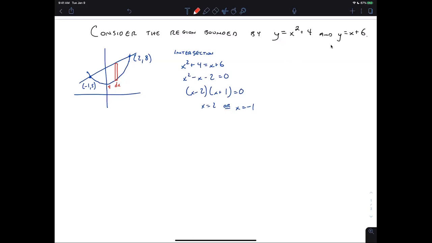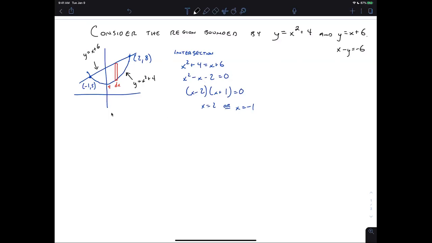I could easily have stated this problem, consider the region bounded by y equals x squared plus 4 and x minus y equals -6, and nothing would be different. The region would be the same, but we're going to want to think of this as y equals x plus 6, and this as y equals x squared plus 4, regardless of what this gave us. Does everybody get what I'm saying? We clear? Okay, so when it's a dx, solve for y. When it's a dy, solve for x.